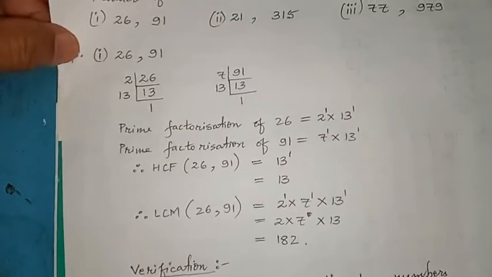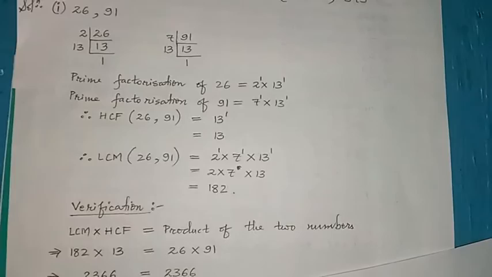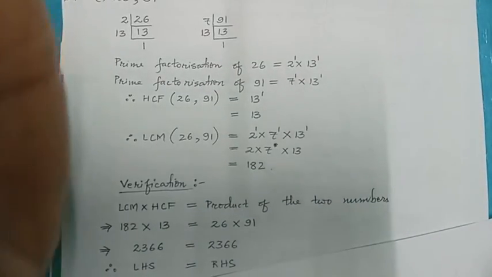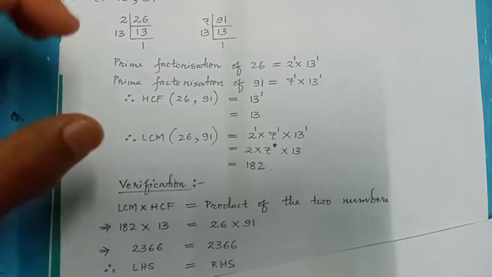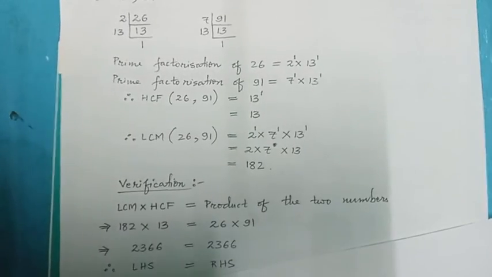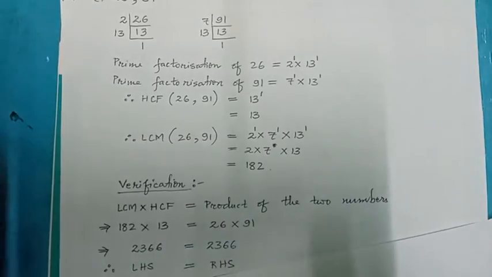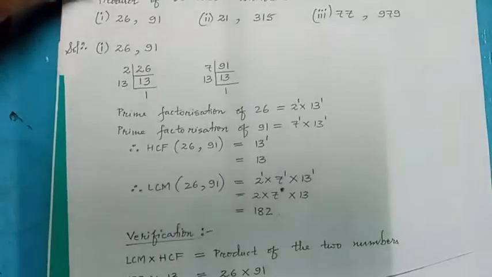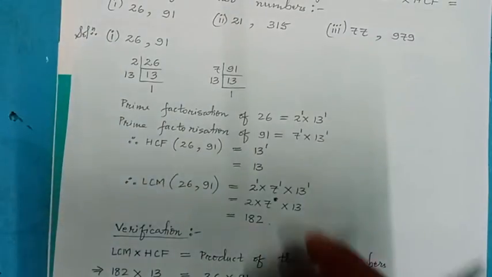So, understood all of you students? I hope all of you have understood. First we found the prime factorization, and then we found HCF and LCM.